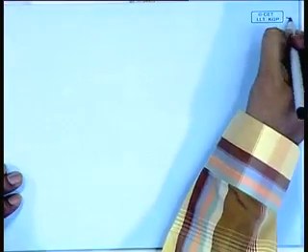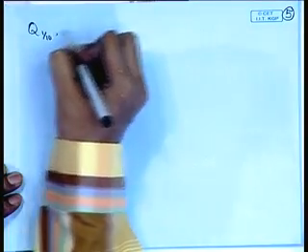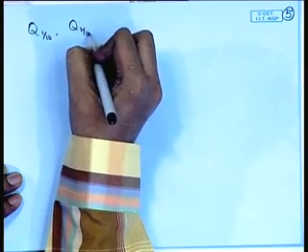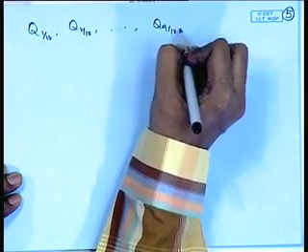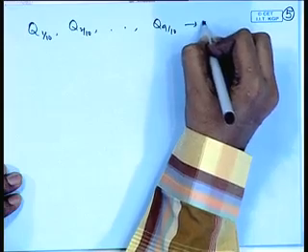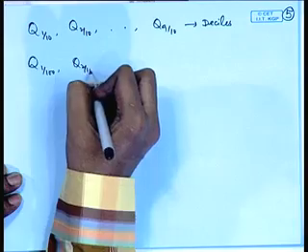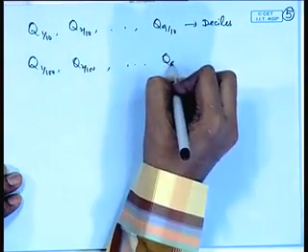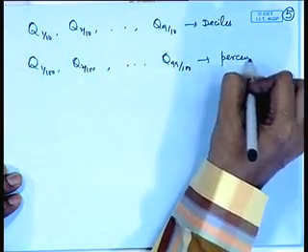We also define say Q 1 by 10, Q 2 by 10 and so on, Q 9 by 10 etc. These are called deciles. You can write Q 1 by 100, Q 2 by 100 and so on. These are called percentiles.